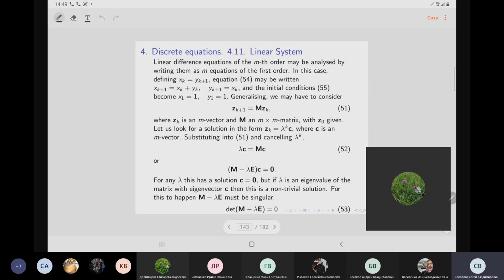We can say that the equation x_{k+1} is f of x_k works well if our populations do not overlap. So if the whole population dies before the winter, then the next population depends only on the number of eggs. But some insects can survive for several years.